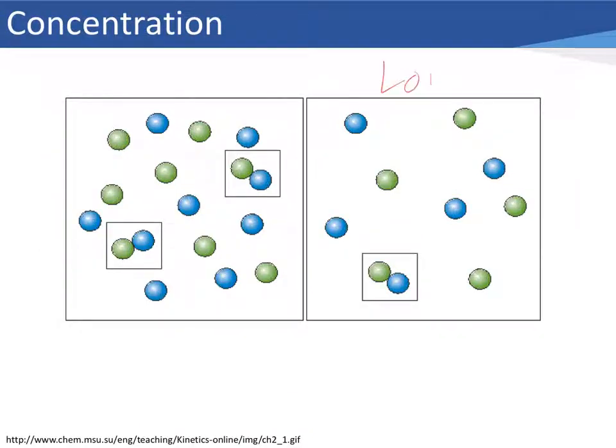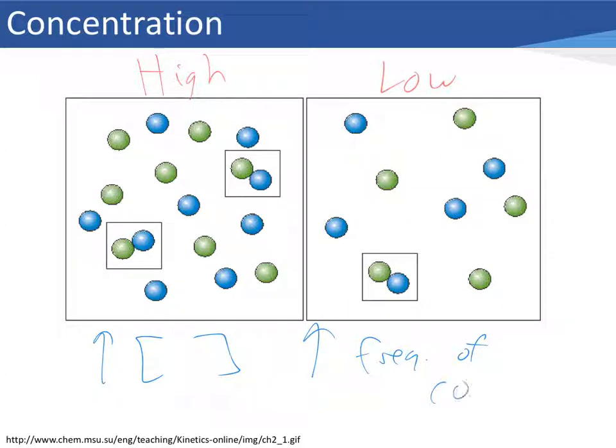Now our next factor is concentration. On the right hand side we have low concentration, on the left hand side we have high concentration, relative to each other. With low concentration, in order for the blue and the green particle, whatever they are, to react, they must collide. If there is a higher concentration, then the frequency of collisions will be higher. So increasing the concentration increases the frequency of collisions.